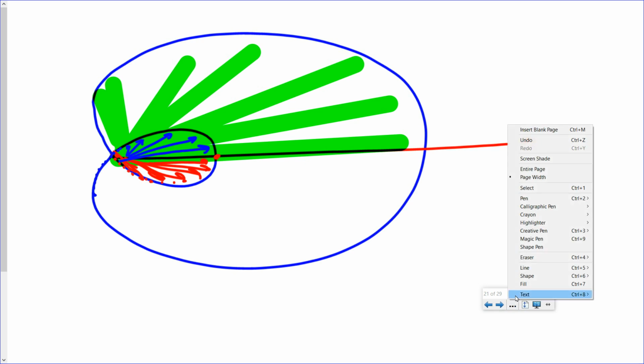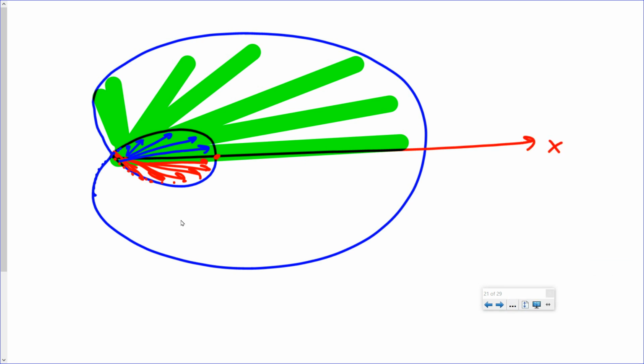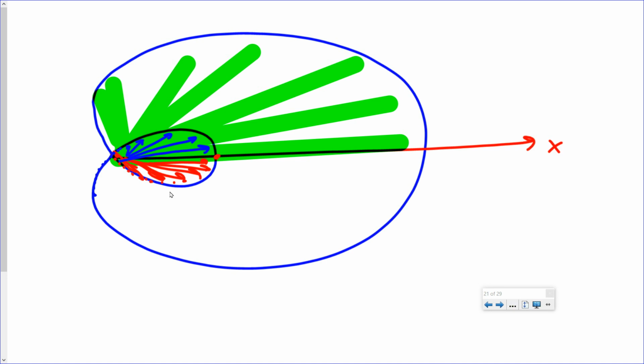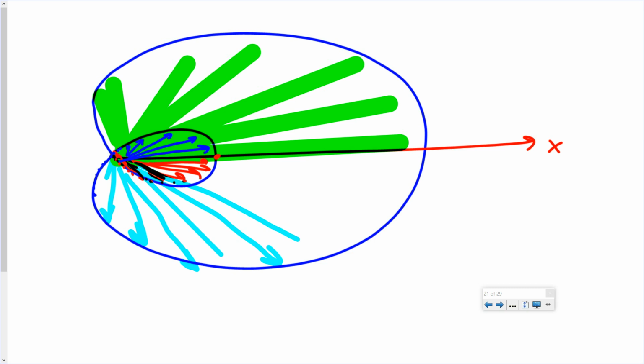So let me get my highlighter back out. I want to do a different color, sorry. I'm going to sweep here, right? And these parts I haven't swept yet. But hey, wait a minute. What happens when I sweep right here?